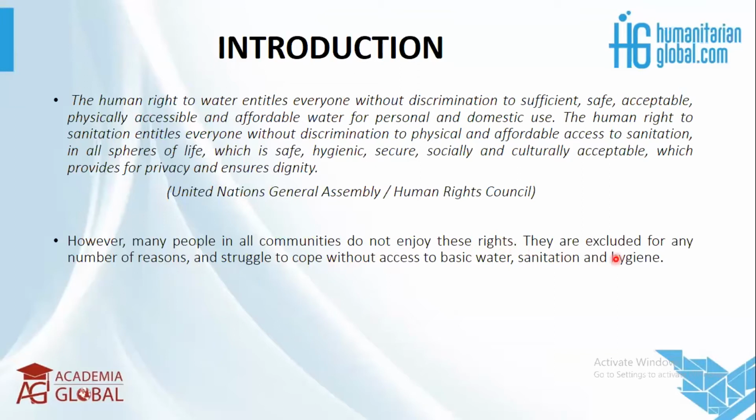There are many who are still excluded for many reasons, which we will look at in the next slides. So they're still struggling to cope with the access to basic water and sanitation. So let's have a look briefly at who these groups are that we say are likely to be excluded from getting the services.